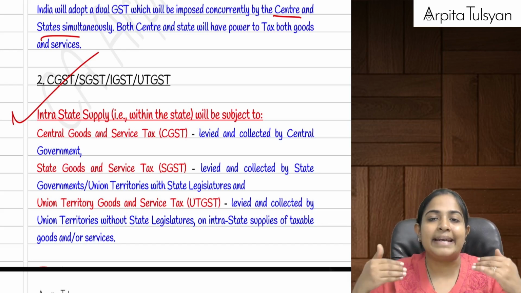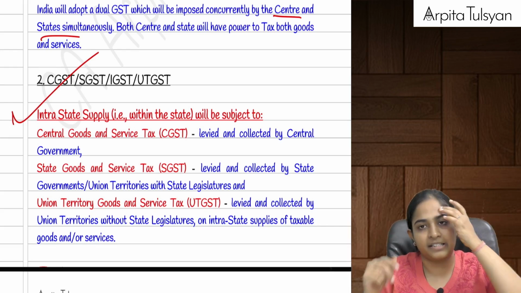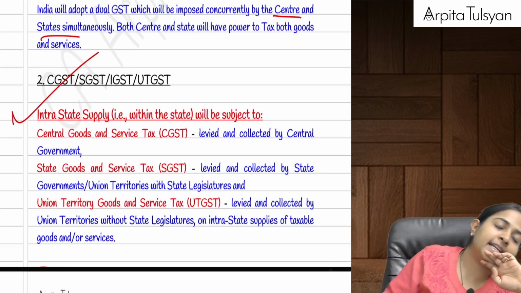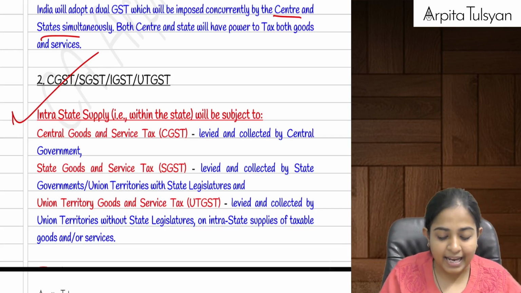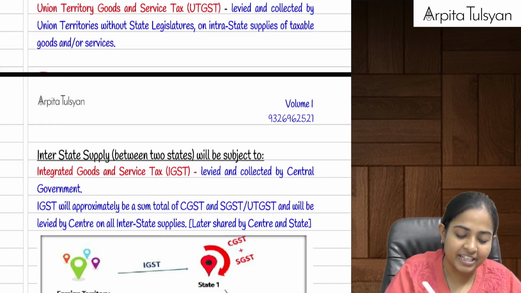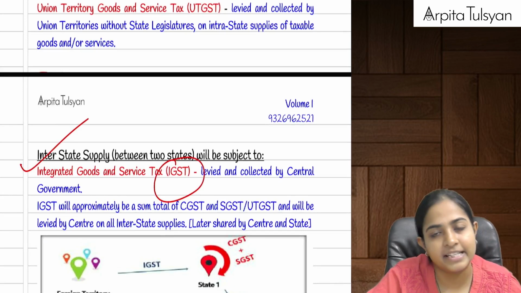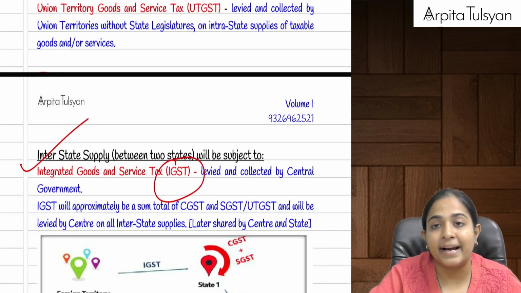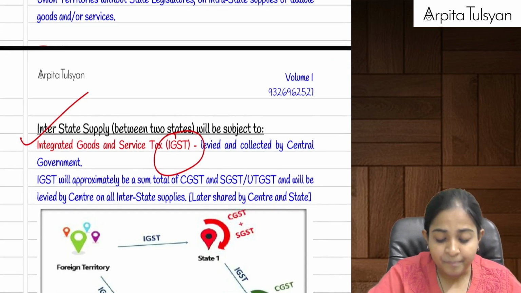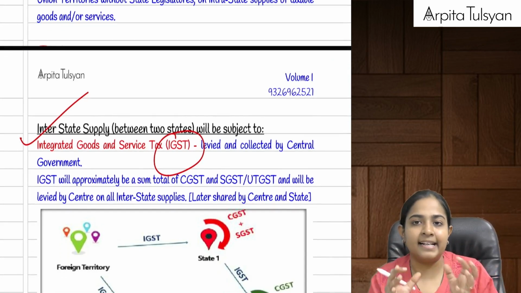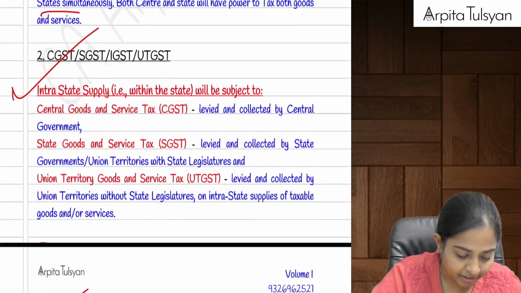Whenever there is an interstate supply, from one state to another state, for example from Maharashtra to Gujarat, at that time IGST, integrated GST, will be levied. This is levied and collected by the central government, and later this IGST will be distributed amongst the states and the center.